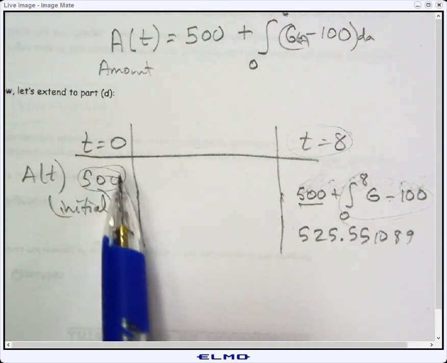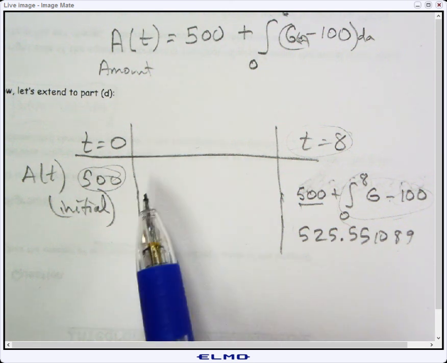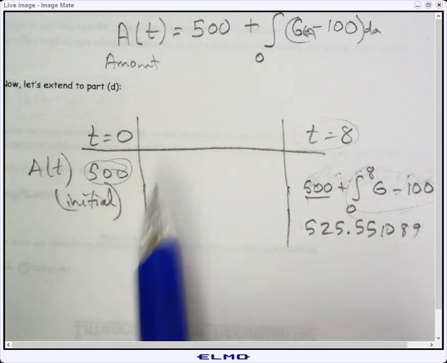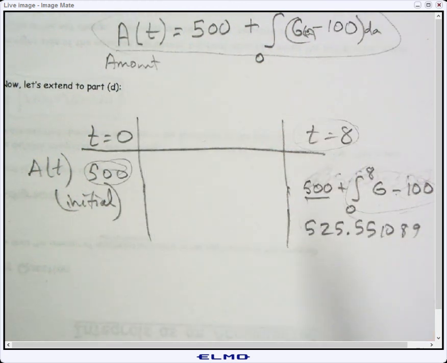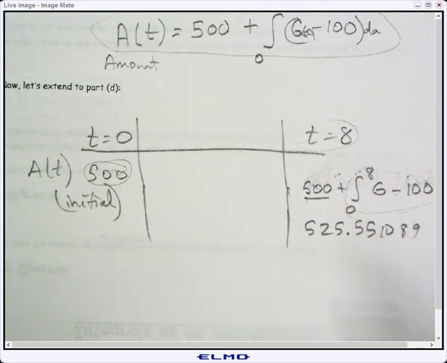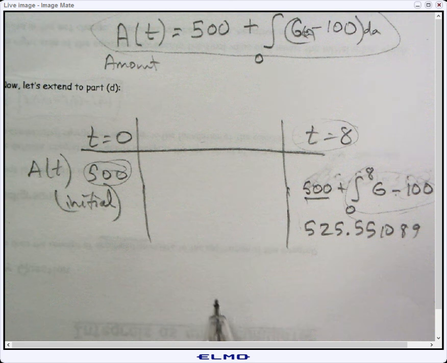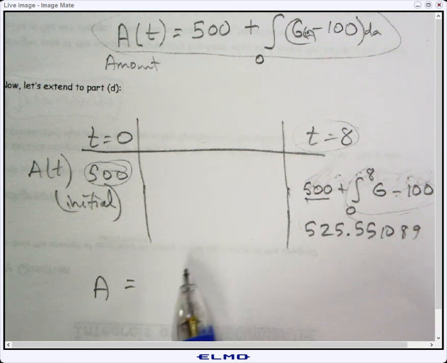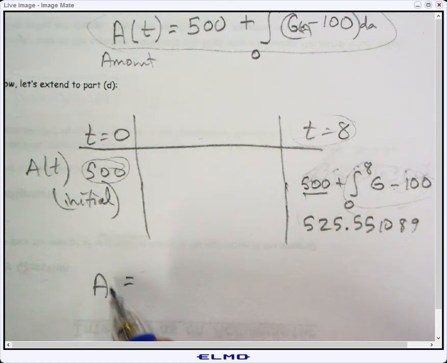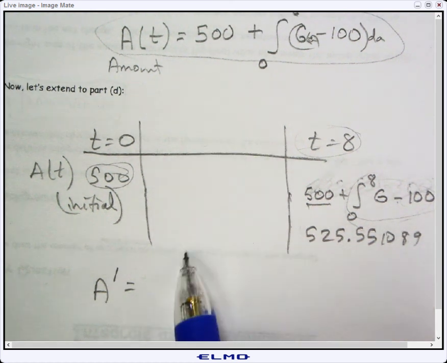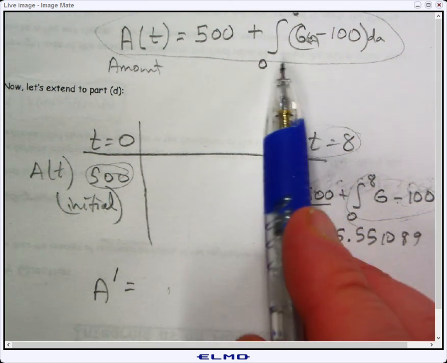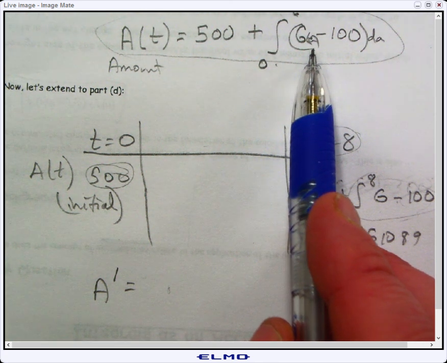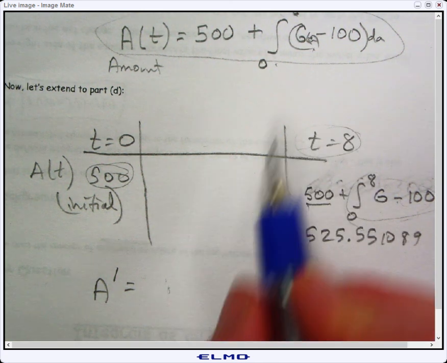So right now, I need to know, is there a place where the derivative is 0? The derivative of this needs to be 0, because that could be where maxes and mins happen. So go back to that A. If I take the derivative of A, so A prime, the derivative of 500 is 0. The derivative of the integral from a to x of f of t dt equals f of x.